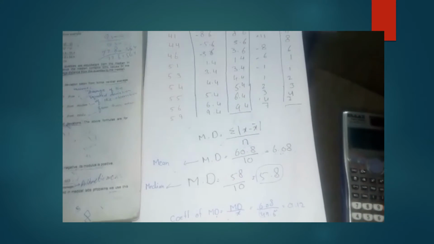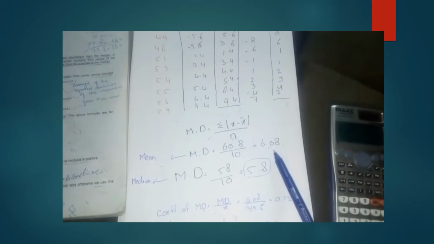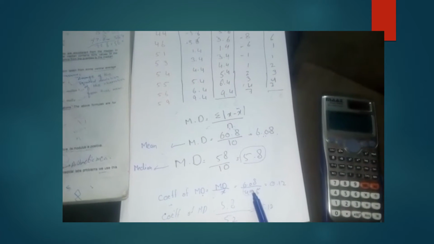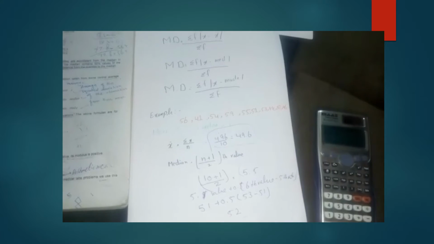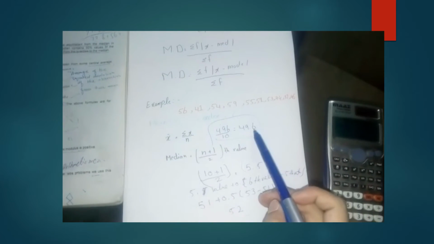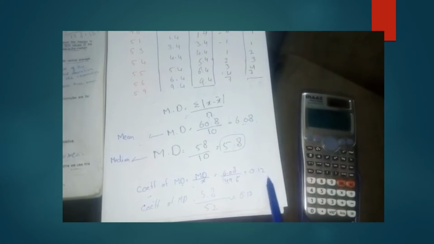In our last lecture, we calculated the mean deviation about the mean, and the answer is 6.08. 6.08 divided by 49.6, and 49.6 is the mean. So mean deviation divided by mean, and the answer is 0.12.